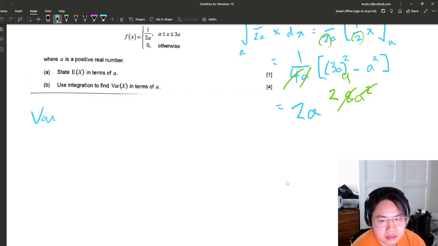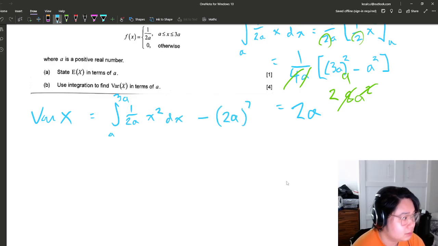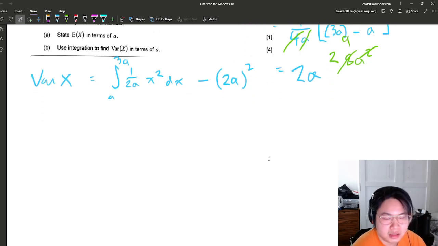Okay, variance of x is integral, I think it was x squared, right? Minus the mean squared.